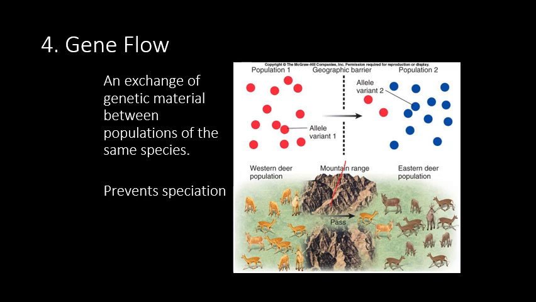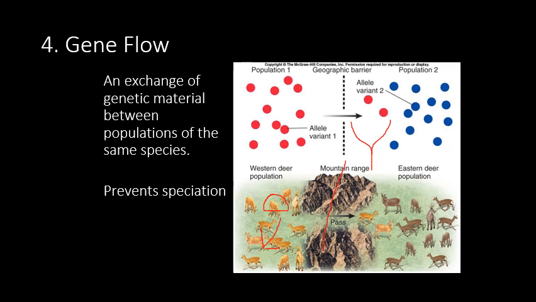If we had a barrier right here, and it wouldn't allow the western deer population to breed with the eastern deer population, then as new mutations emerge, those mutations are going to stay within this population, and over time they're going to go through that cladogenic model that we've talked about, I'll draw it up here, where they shared ancestry at one time and they break off, and they eventually can become subspecies and then eventually different species.